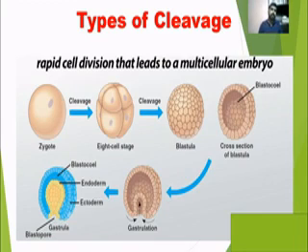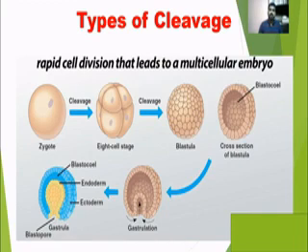So the zygote: here the sperm nucleus and the egg nucleus fuse and share their chromatin material, and the zygote process is started. Inside this fertilized egg, the cleavage is started. Cleavage means nothing but cell division.